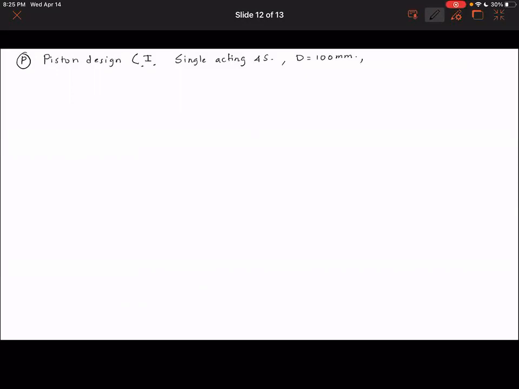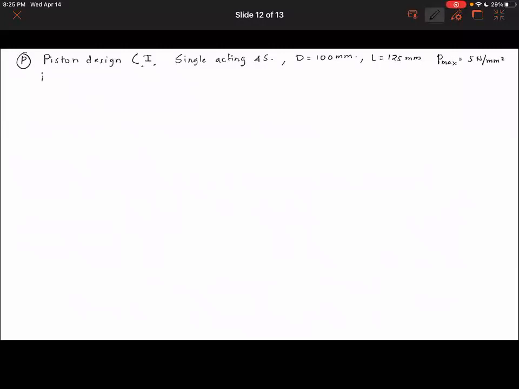So D is 100 millimeter, stroke is 125 millimeter, maximum gas pressure P max is 9 times the indicated mean effective pressure, is 5 Newton per millimeter square. And you won't believe that if you add a turbocharger, this pressure goes up by 1 or 2 Newtons per millimeter square. That could cause significant stresses in the piston and the cylinder.